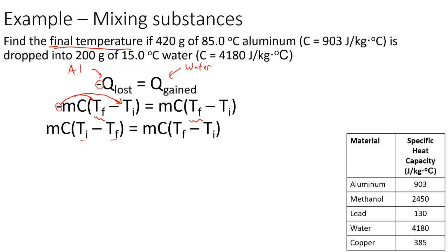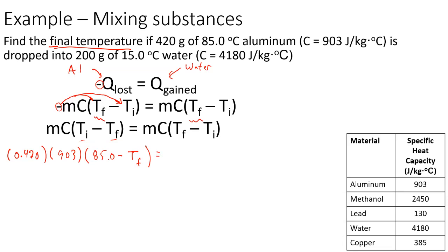Okay, so on the left-hand side, we're going to have aluminum. So we have 420 grams or 0.420 kilograms. Specific heat capacity for aluminum is 903. It starts at 85 degrees Celsius. Okay, and our T_f is what we're finding, our final temperature.